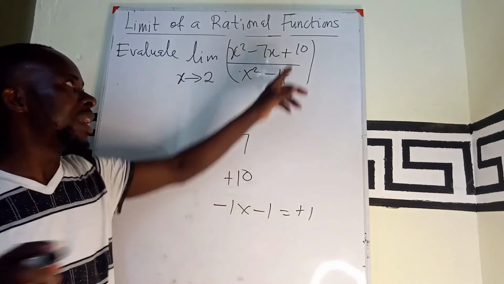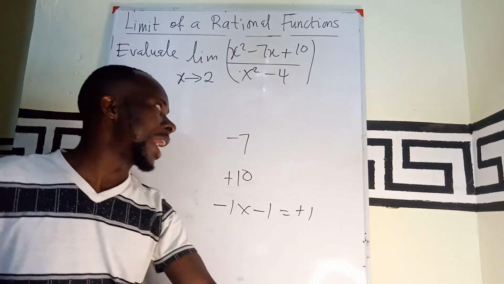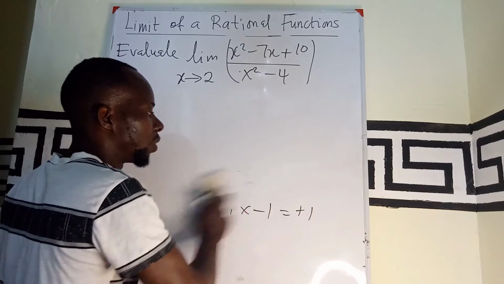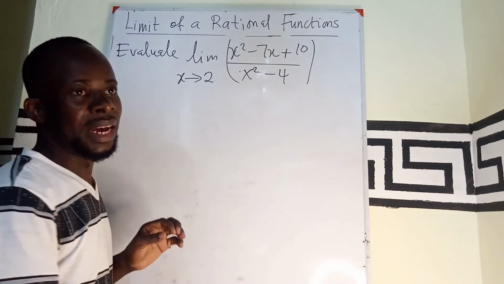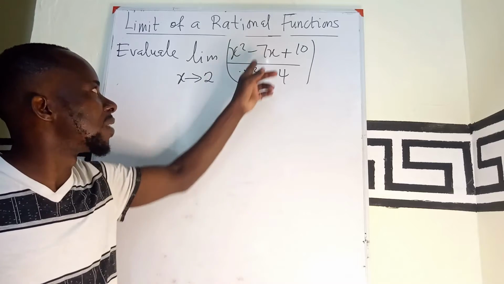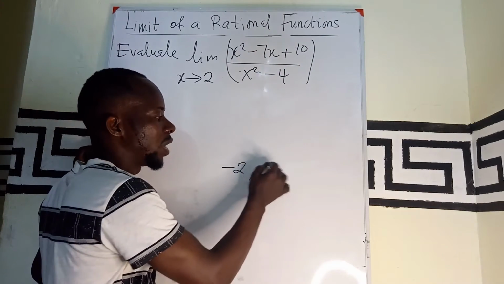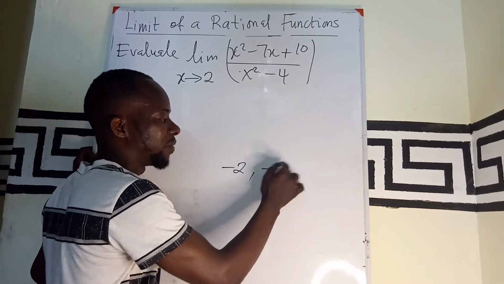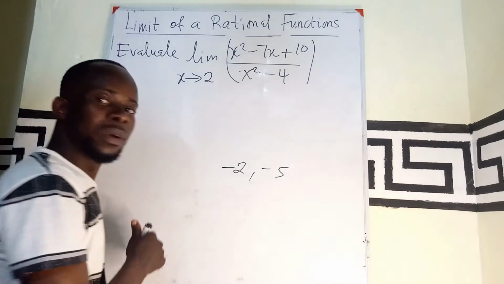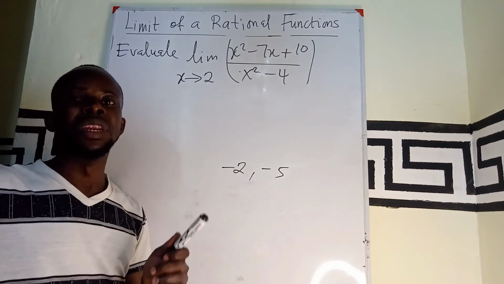So right away I need to get the negative factors of 10. And we know negative 10 and negative 1 will also give us 10, but their addition will not give us minus 7. But we can get minus 2 and minus 5. If you multiply this, your positive 10 is assured, and if you add, you get a negative 7.